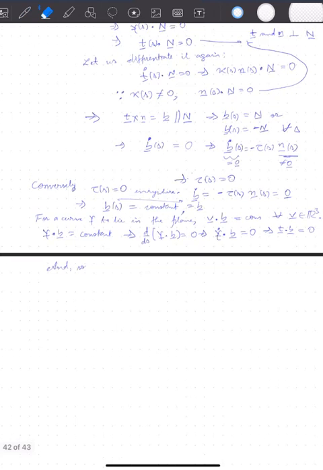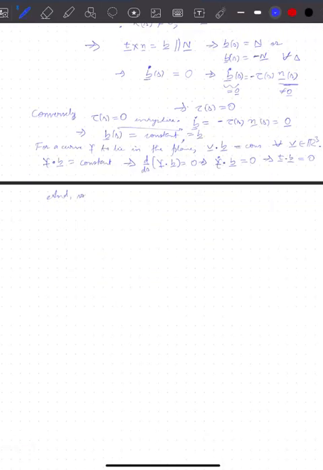Okay, so here let me just correct this a little. We are not assuming anything right now. We just say that we have gamma dot b equal to 0 and then all this.